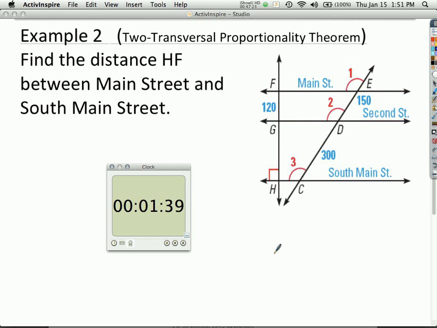I think it's going to be HF. No, it's 150 over 300.